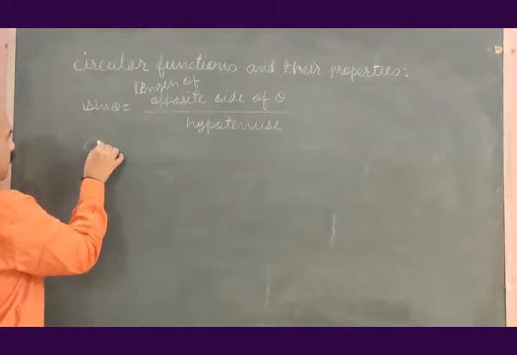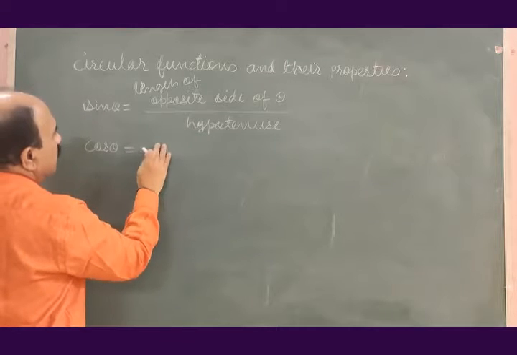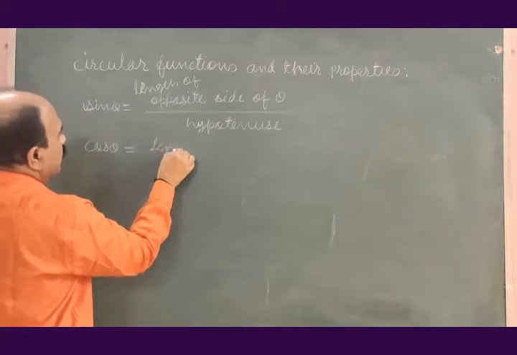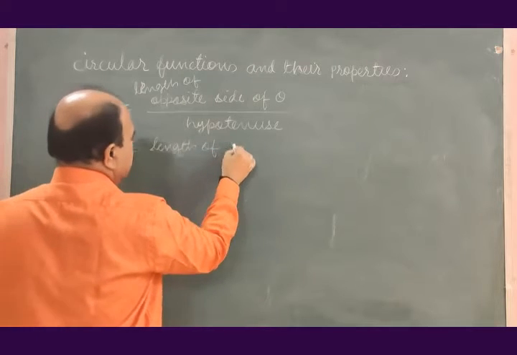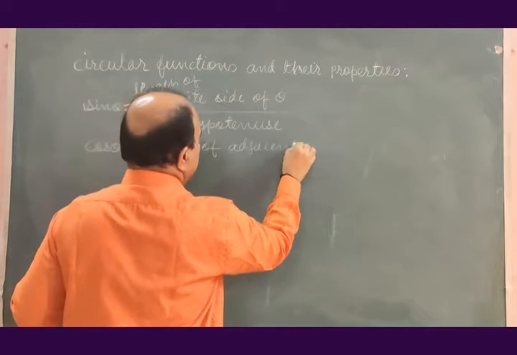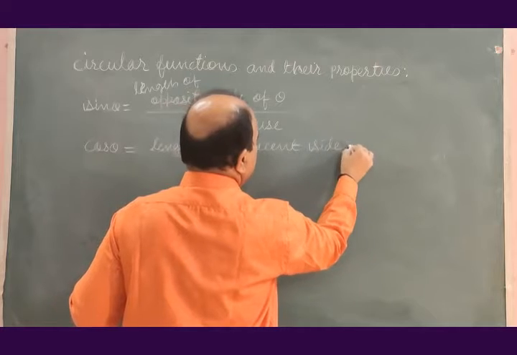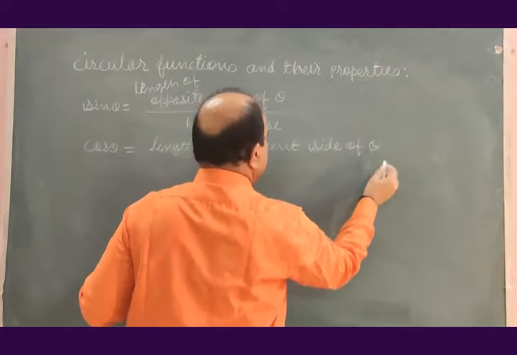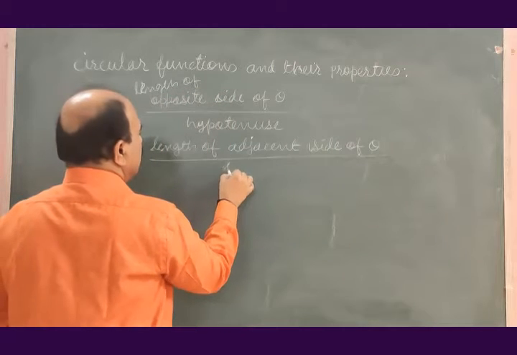Cos theta is the length of the adjacent side of theta divided by the length of the hypotenuse.